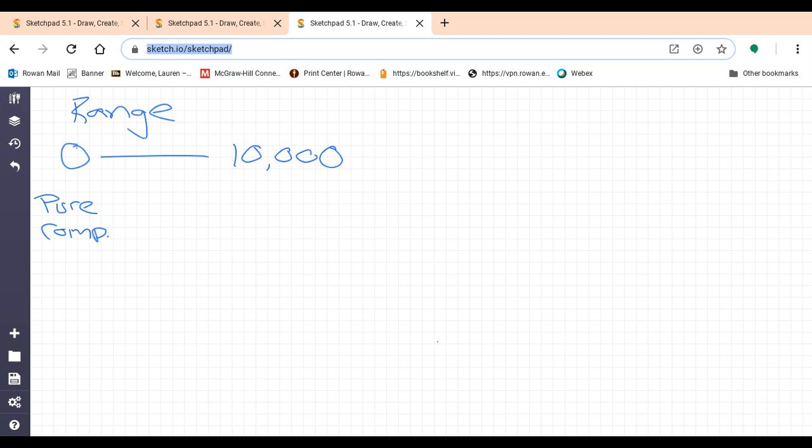And 10,000 is at the other end of the range, and that's monopoly, because if there's only one firm, we would take 100% and square it, which gives us 10,000.